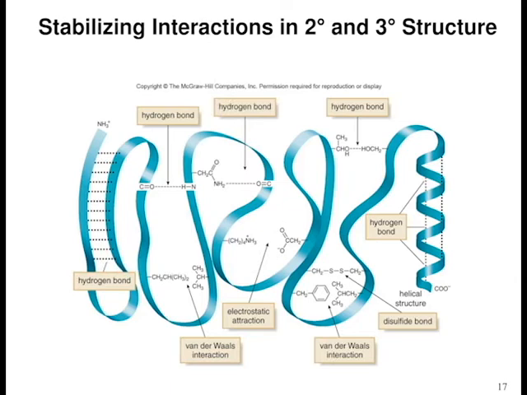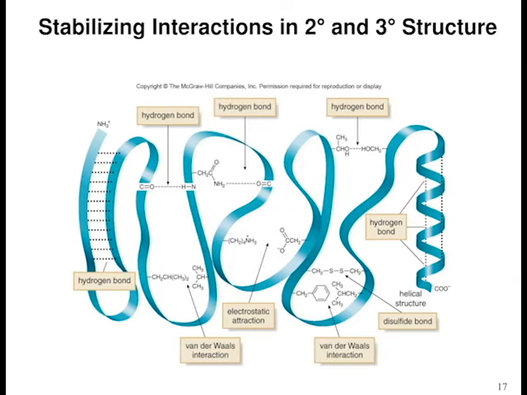Third one, hydrogen bonding between nitrogen and oxygen containing side groups. Look here, this hydrogen bond comes from the R group, not from the peptide backbone. The peptide backbone will give us the secondary structure. Here it is from the R group, between 2 serine amino acids.